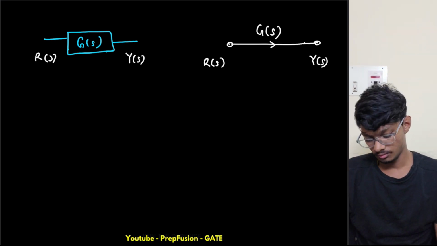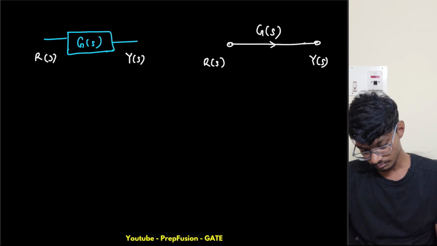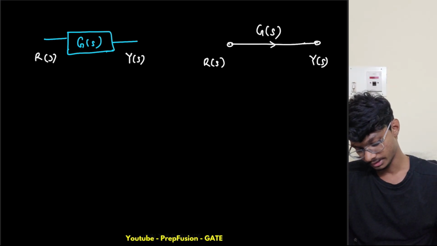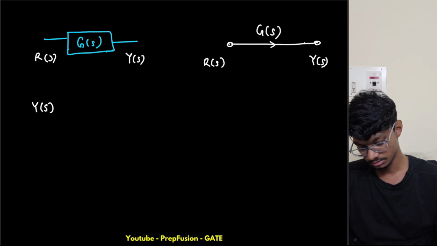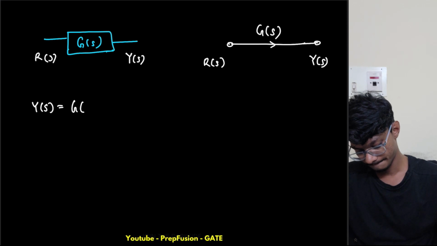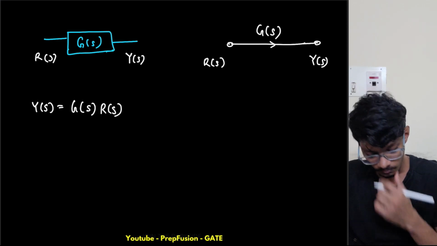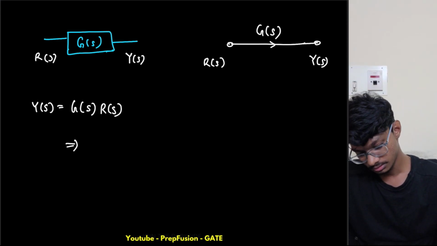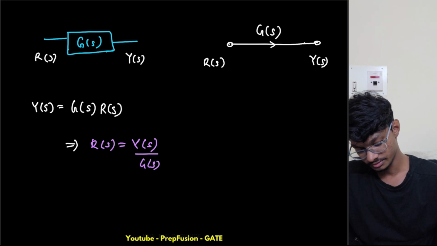Now, one thing to note is that mathematically I can write Y of s equals G of s times R of s. Mathematically I can also write that R of s is Y of s divided by G of s.